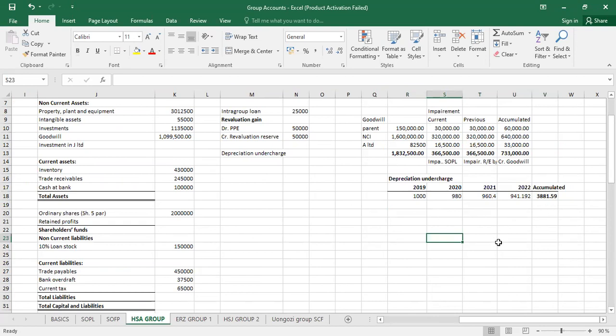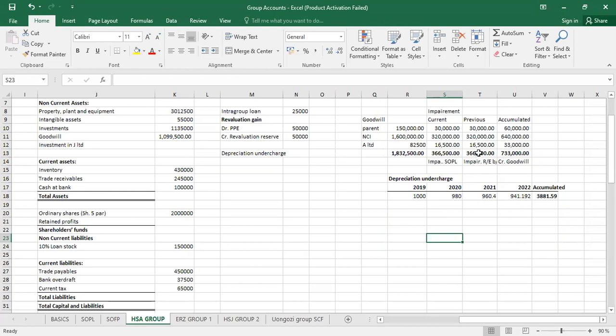Here, remember, if we had an income statement, we'd present the one for 2022 in the income statement, while the other one will be deducted from retained earnings.